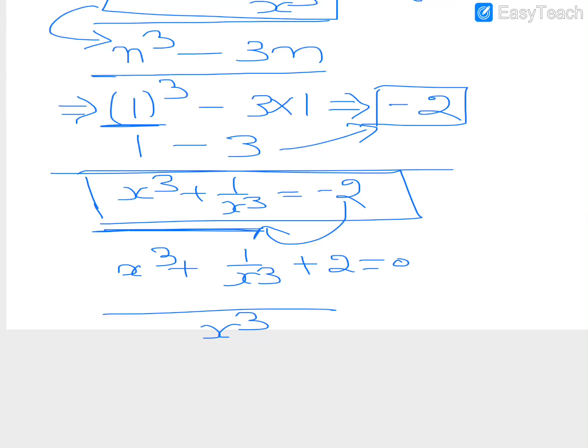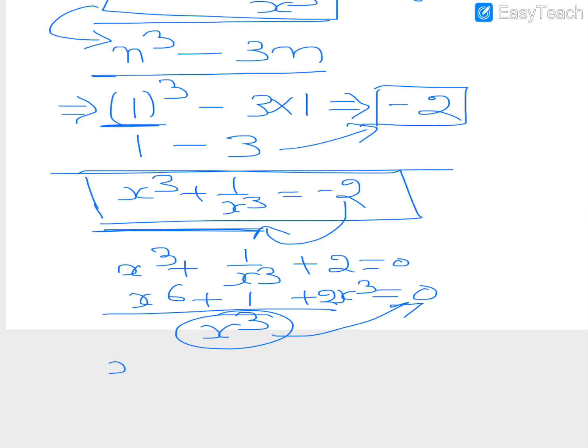We multiply x cube with x cube, so it becomes x raised to the power 6 plus 1 plus 2x cube equal to 0. The denominator x cube goes to the right hand side and is multiplied by 0. So our final equation becomes x raised to the power 6 plus 2x cube plus 1 equal to 0.